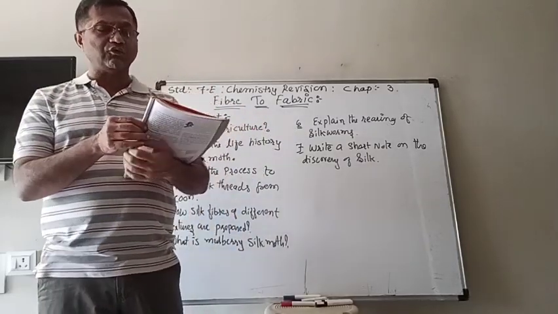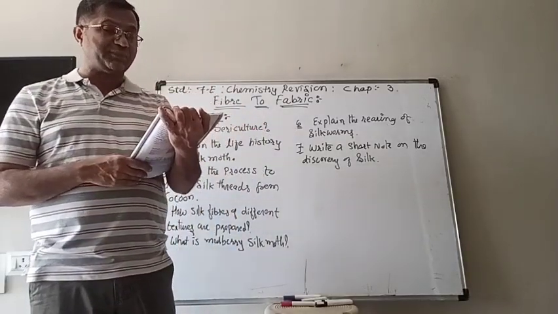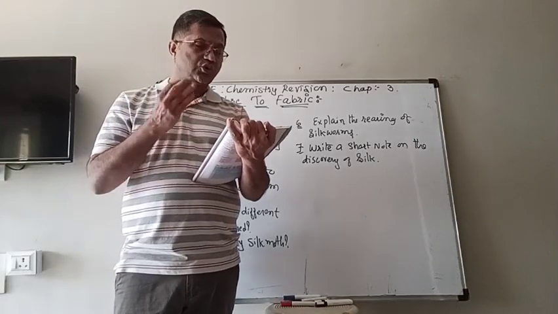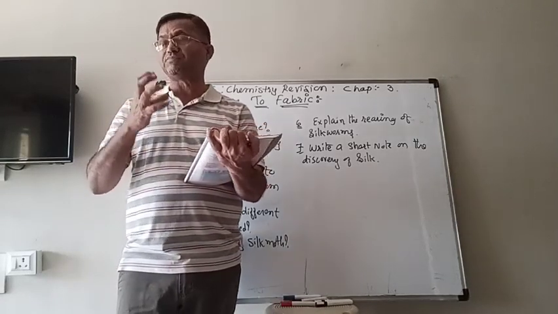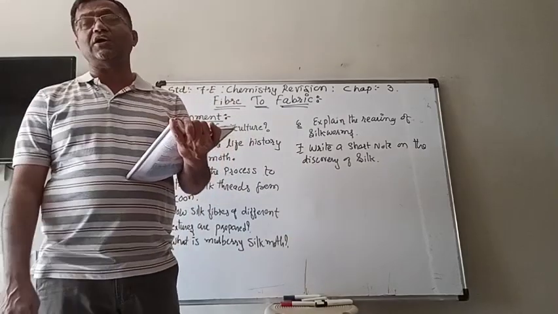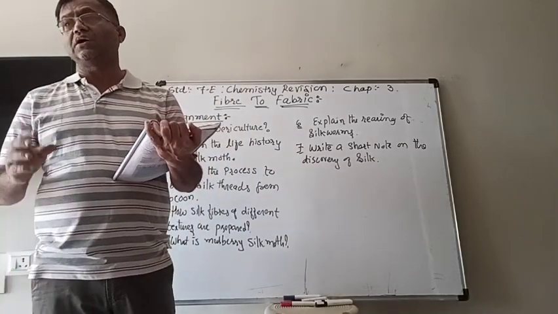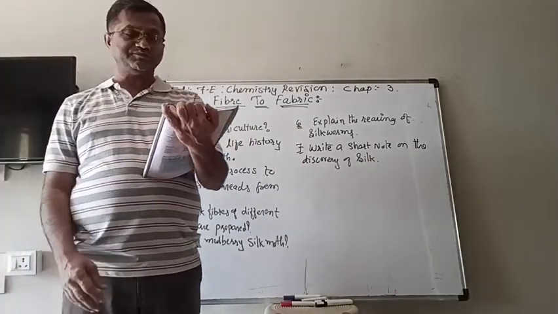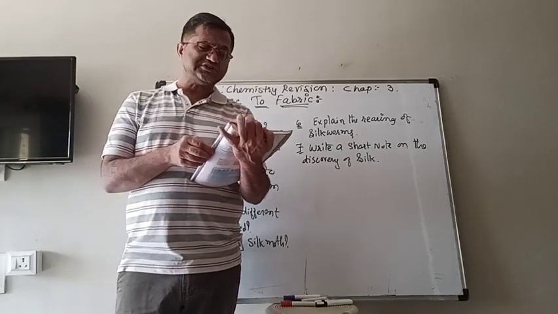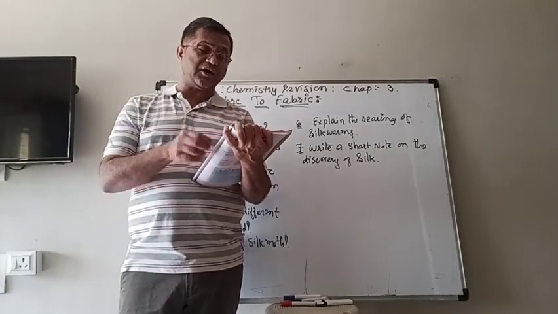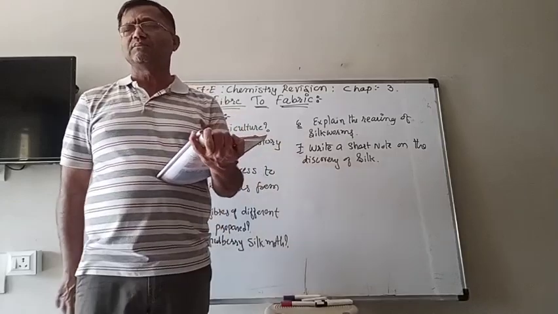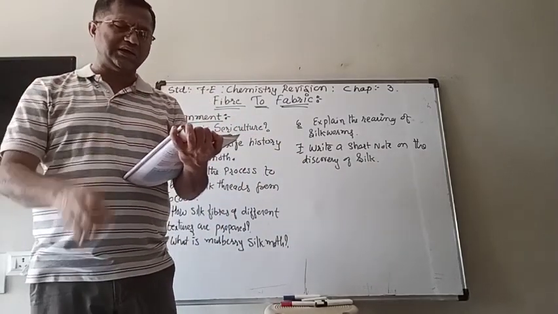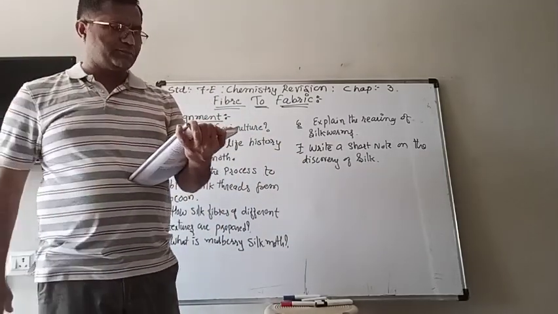Now the eggs are warmed to a suitable temperature for the larvae to hatch from the eggs. Because if the suitable temperature is not there, they will not hatch into larvae. And this is done when mulberry trees bear a fresh crop of leaves, because at that time there will be so many leaves.